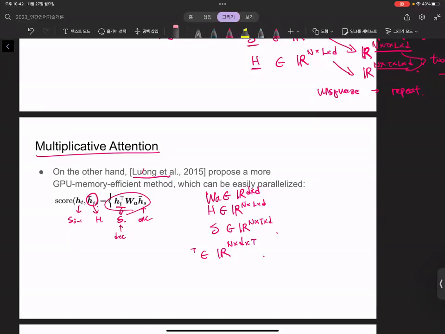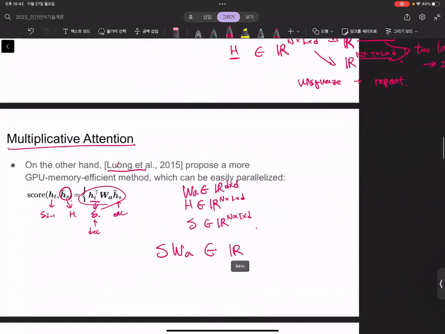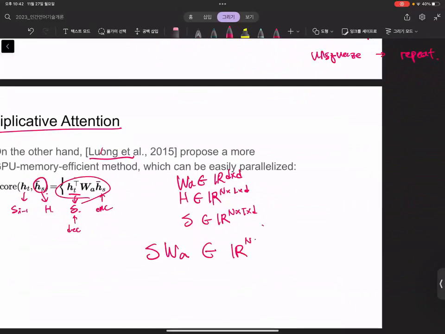No, we do not need to transpose this. S and WA is n by t by t. And SWA, H.